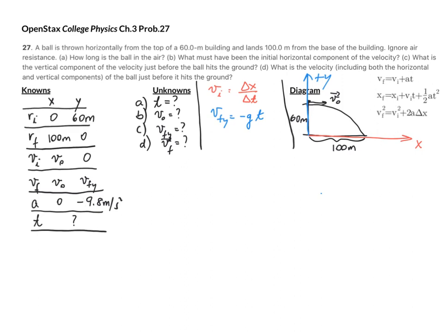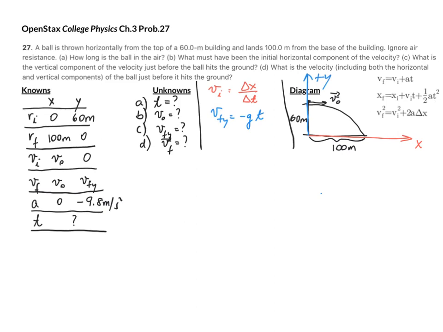Then the second equation tells me that final y, so if I read that off of my column here, final y is actually 0. So this quantity here is 0, is equal to initial y, and I have 60 meters for that, plus v initial y t. V initial is 0 as well, so that is 0 and that is 0, plus 1/2 times the acceleration of gravity times time squared.